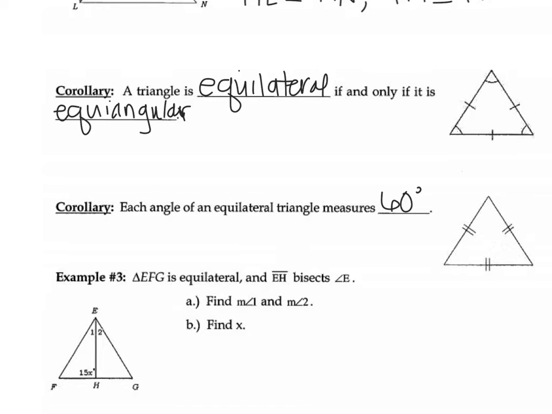Since all three angles have to be the same, when I add all three angles together, you get 180 degrees, and that only works if each angle measures 60 degrees. So if you have an equiangular triangle, it also is equilateral, which means that every angle automatically measures 60 degrees.